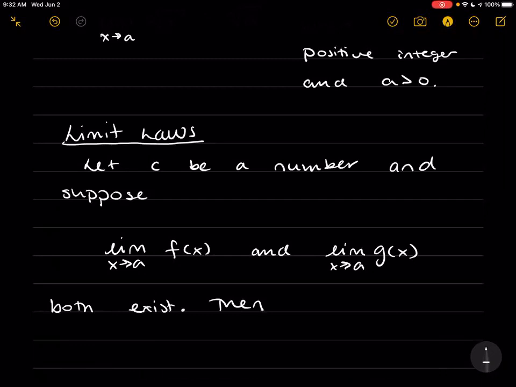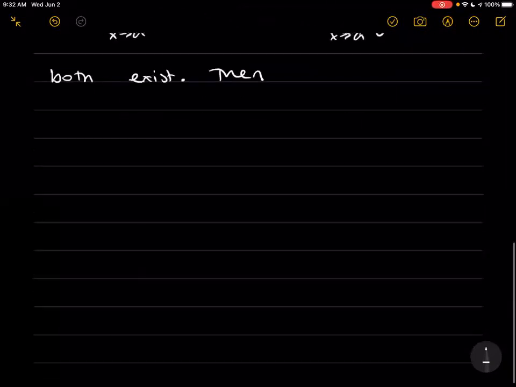Then here are the limit laws. There are 7 of them, but let's go ahead and just crank through them.